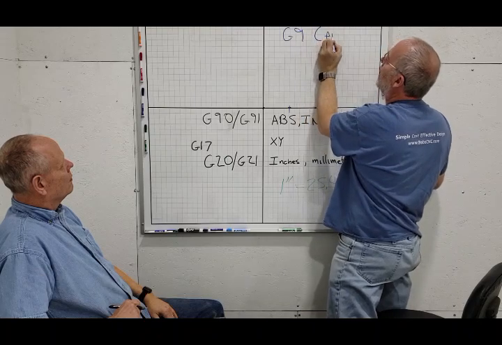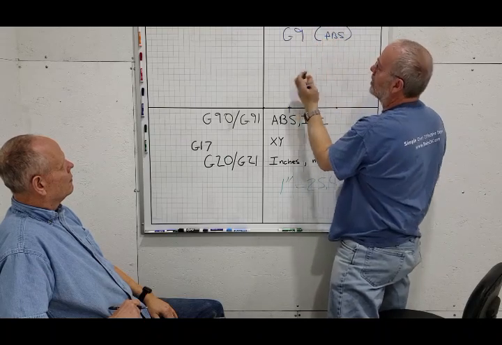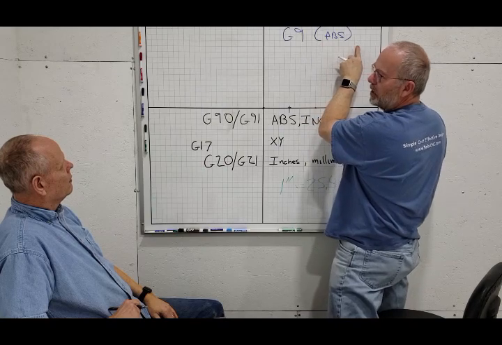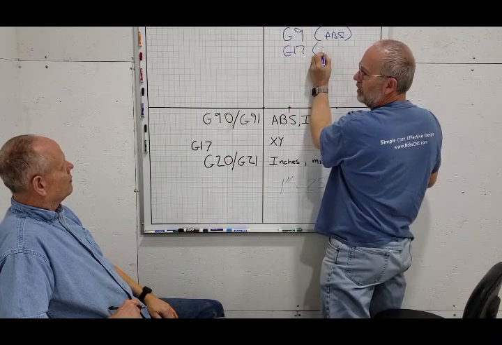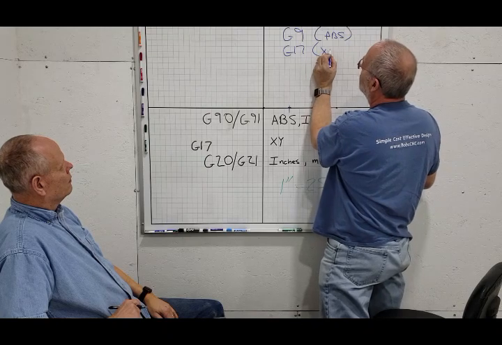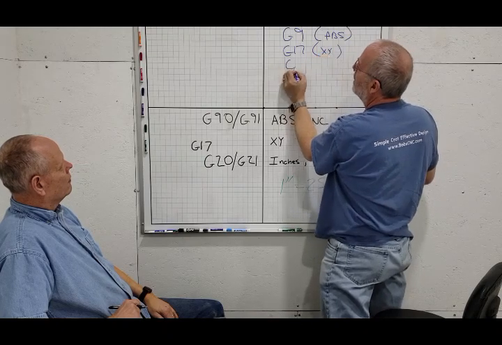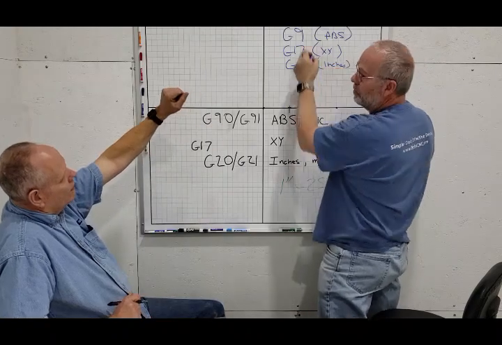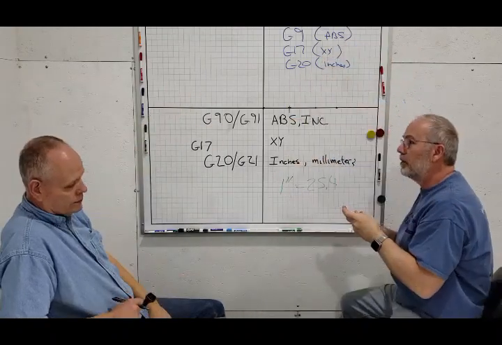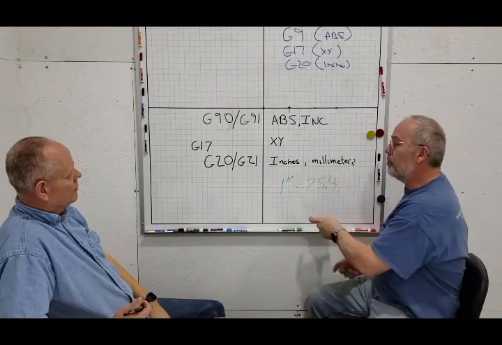You could say ABS, or you could spell out absolute, and it would skip this part because it's a comment. So you could say G17, and then put in XY plane, and then you could say G20, and then put in inches. And then the person would understand what that meant. Not necessary, but it's good to comment your code.